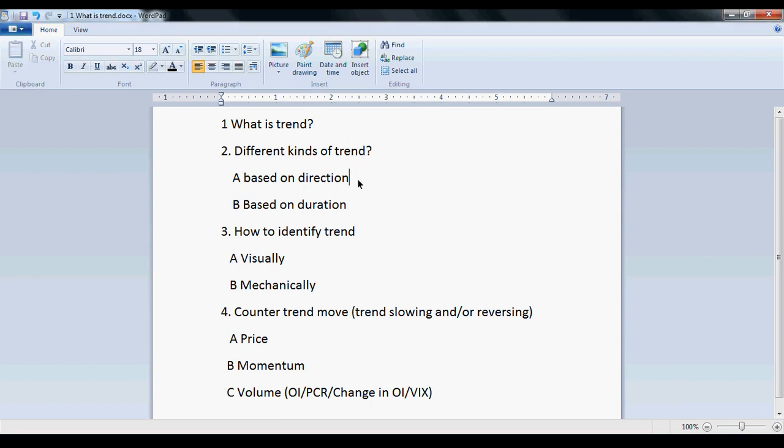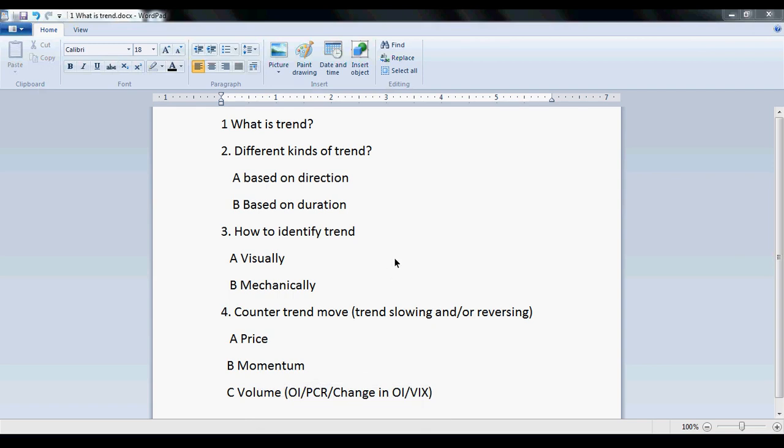Now what are the different kinds of trend? Based on the direction, there are two kinds of trend, right? Uptrend and downtrend. Okay. Now this is important, based on the duration. Okay. Based on the duration, there are basically three kinds of trend: long term trend, intermediate, and short term. Okay.